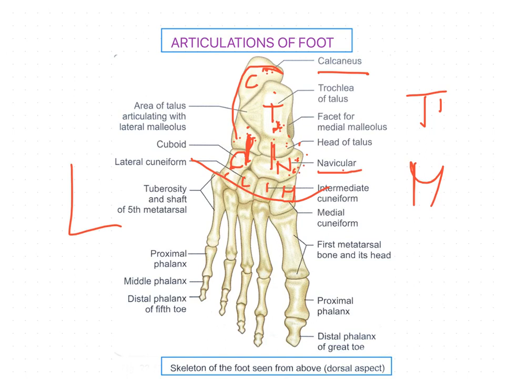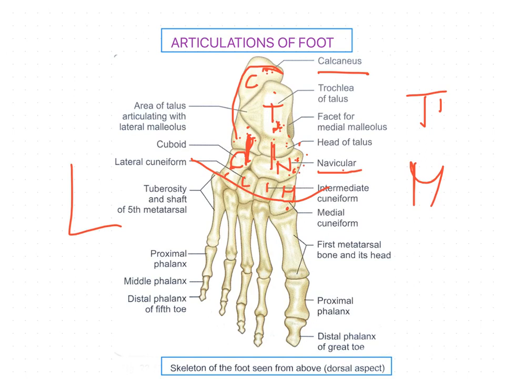Now anterior to the navicular bone, which we can call distal to the navicular, if the foot is kept in anatomical position, the cuneiforms fall on the distal aspect.